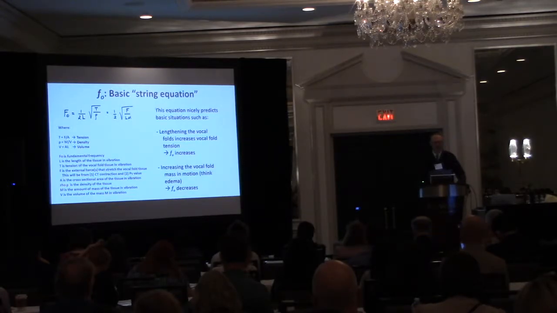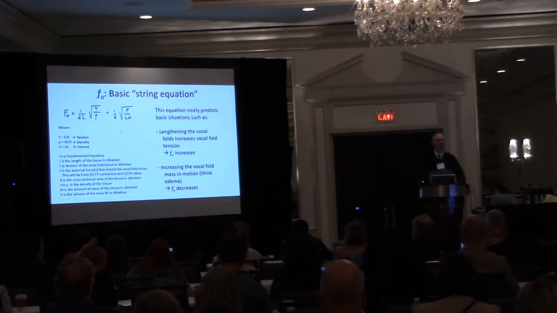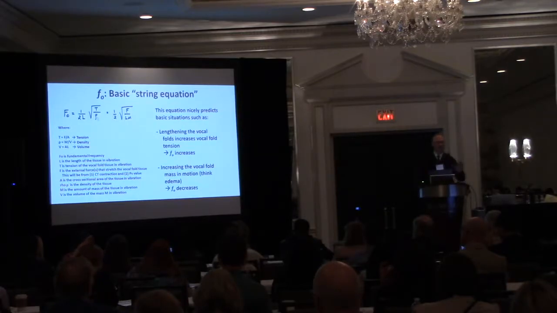So the basic string equation is very insightful for understanding this change in fundamental frequency when the vocal folds get longer. The fundamental frequency is defined here as 1 over 2 times the length of the tissue in motion, times the square root of T over rho. T is the natural physical tension of the tissue in motion, and below that is density, rho, which doesn't really change.